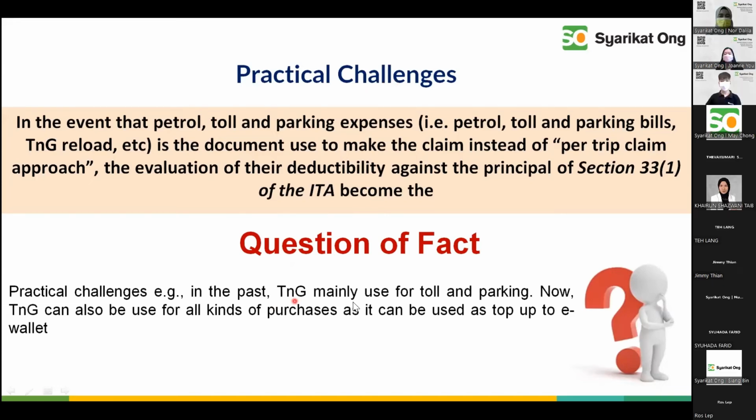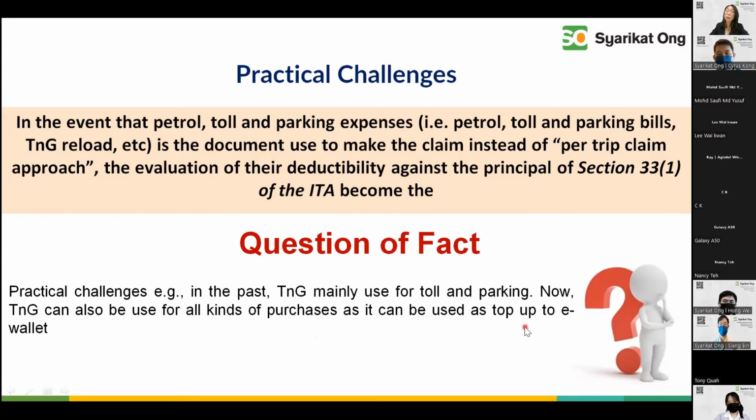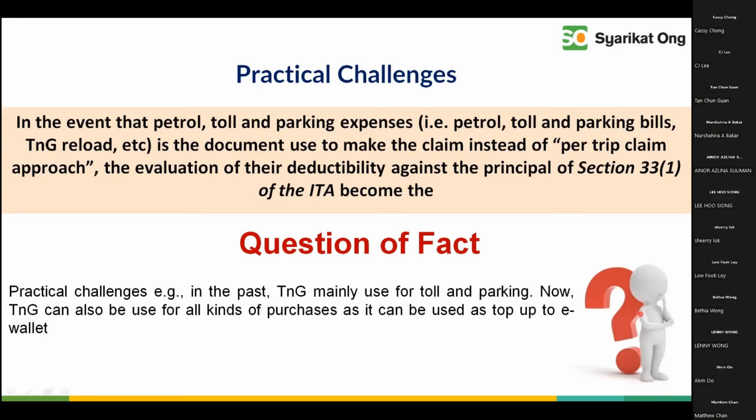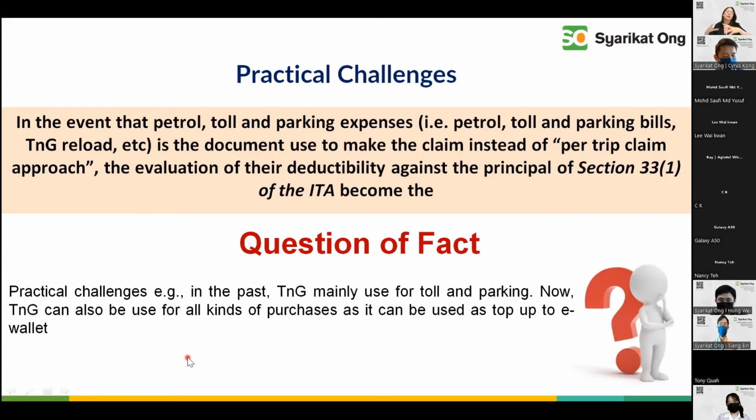And to make it even more complicated, Touch 'n Go now is also used for all kinds of purchases. Why? Because Touch 'n Go is also used as a top-up for e-wallet, right? So this practical challenge that we are having, the documentation for petrol, toll, parking, is actually getting interesting, right? What will be the Inland Revenue treatment on all these top-ups and how we do our local traveling documentation?